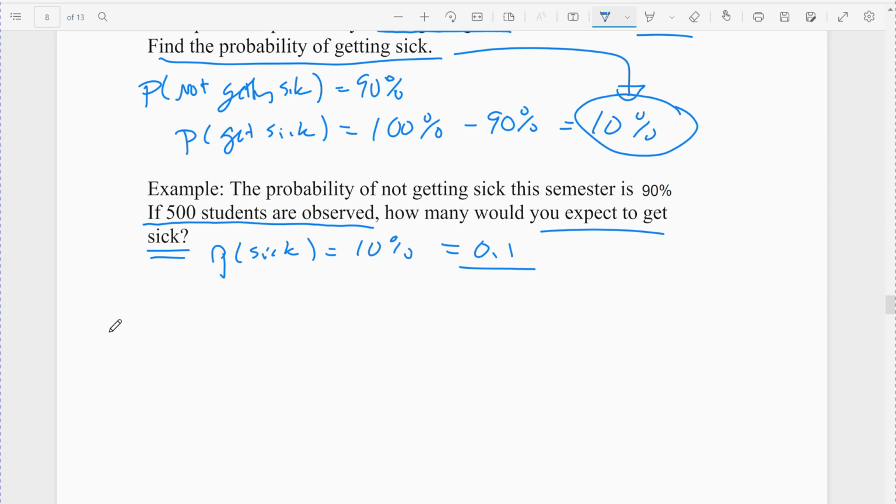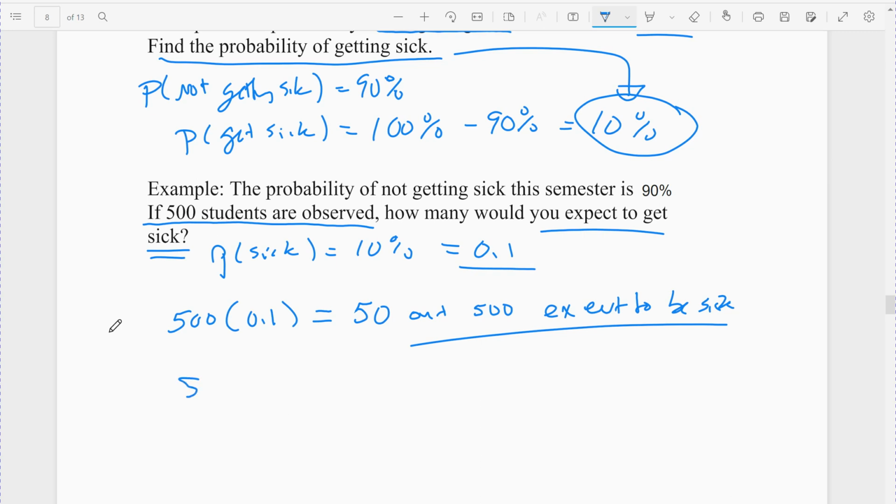And so what you do is you take your total times your percent as a decimal. We always multiply our percents as a decimal. So 10% would get sick, and that would be 50. 50 out of 500 we would expect to be sick, based on our probabilities.